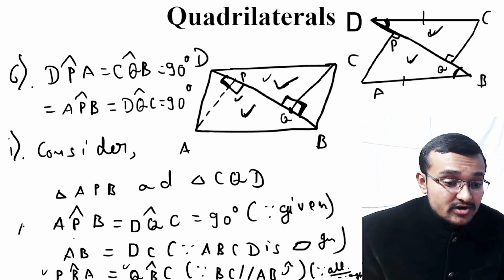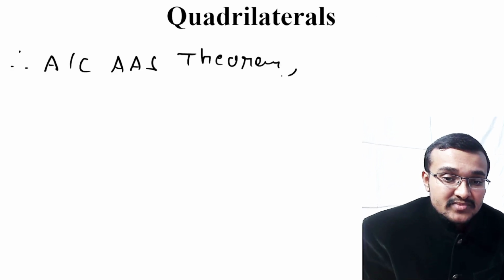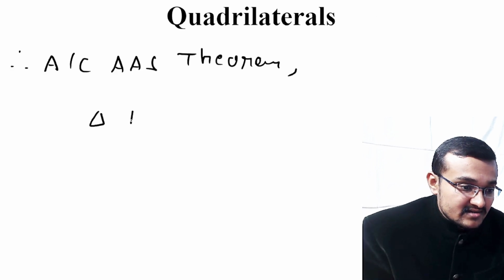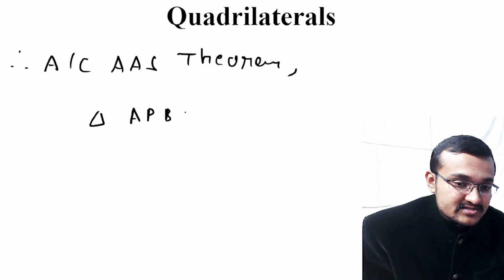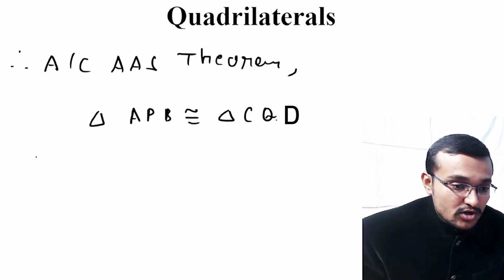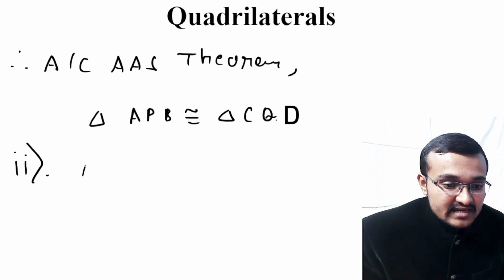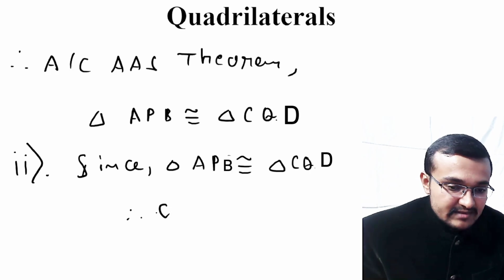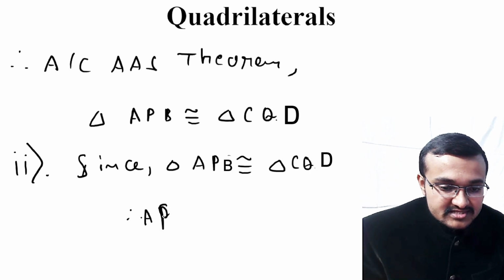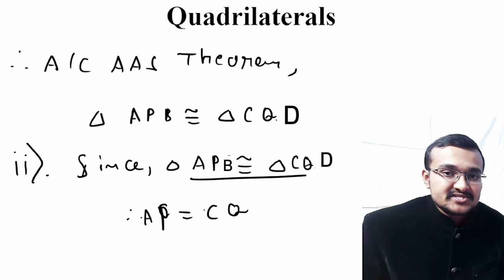So now according to the AAS theorem, triangle APB is congruent with triangle CQD. These two triangles are congruent with each other. And in the second question, in the same sixth question, we have to prove AP is equal to CQ. Since these two triangles are congruent with each other, AP is equal to CQ.